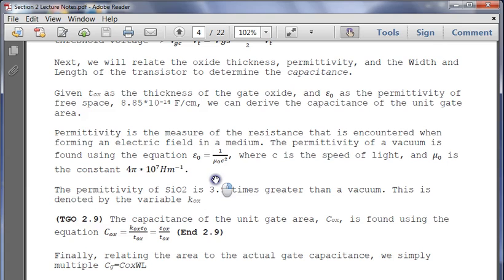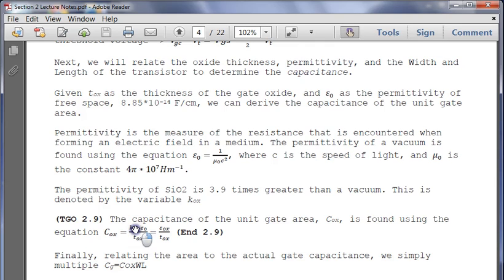This is denoted by KOX. And so the equation for determining the capacitance per unit area is found by multiplying the permittivity of free space times the variable 3.8 for SiO2, because that's what's between the 2 plates, right?